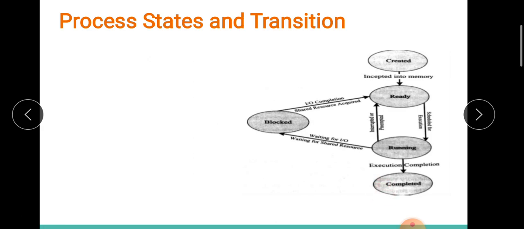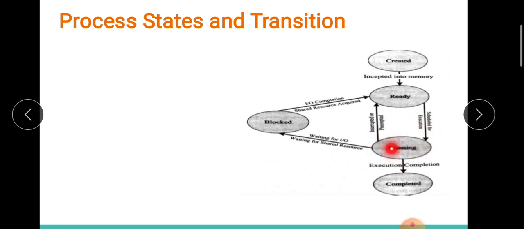I hope this is clear. I shall repeat it. A created process without resources lies in the created state. Once the process is allotted memory and resources, it is in the ready state. It is waiting for the call from the processor. When the process is called by the processor for execution, it is in the running state.